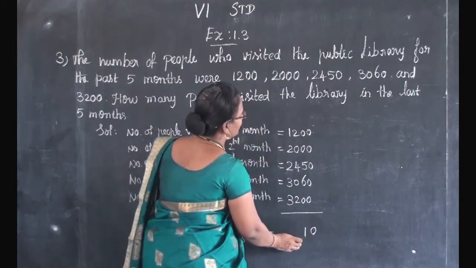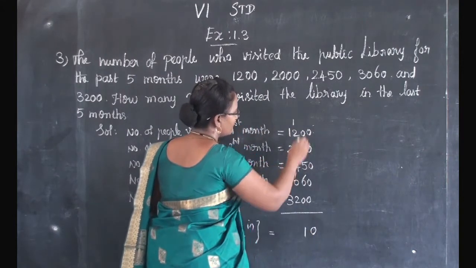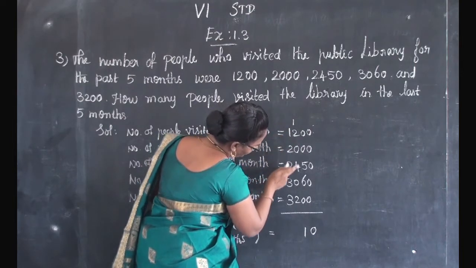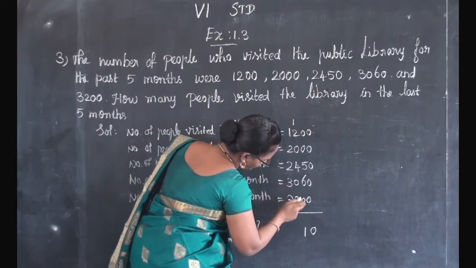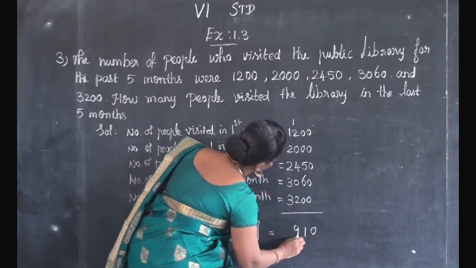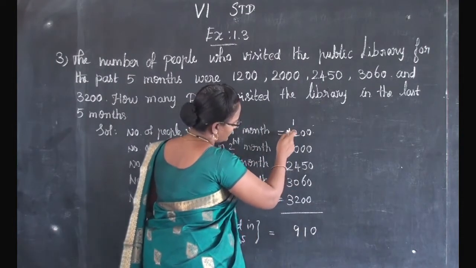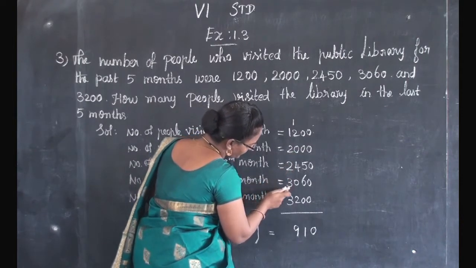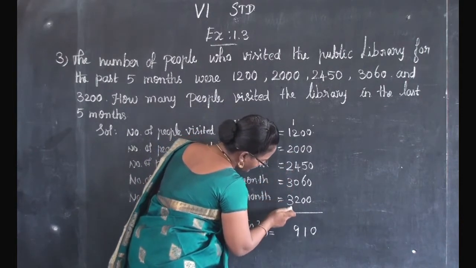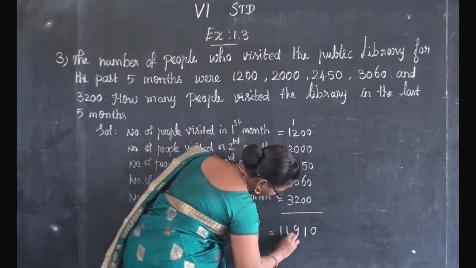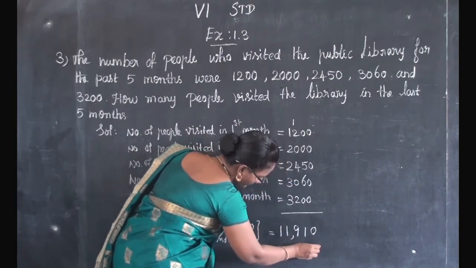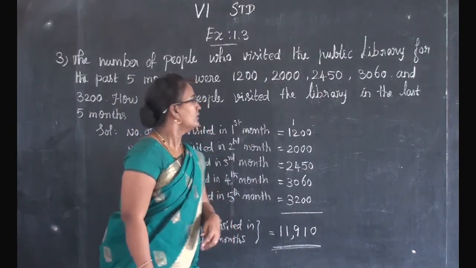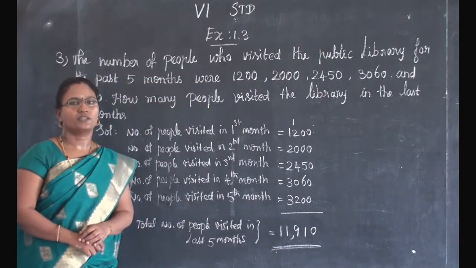We put 1 here and carry over 1. 1 plus 2, 3. 3 plus 4, 7. 7 plus 2, 9. And then 1 plus 2, 3. 3 plus 2, 5. 5 plus 3, 8. 8 plus 3, 11. So 11,910 members came to the public library.